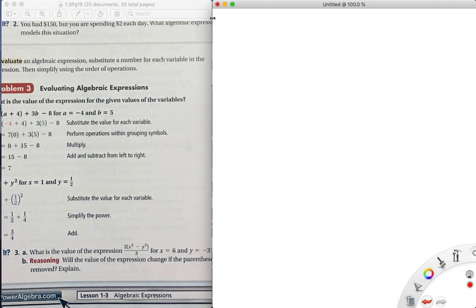So I'm going to go straight down to the 3a. Got it. They give me 2 times the sum of x squared minus y squared, over 3. They tell me that x is 6 and y is negative 3.